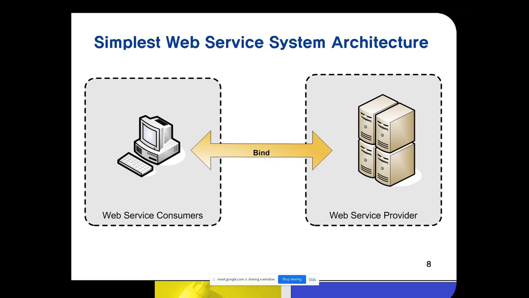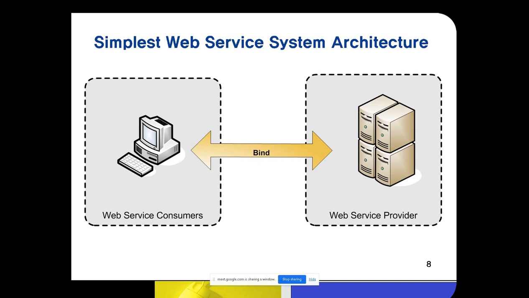This is the two-tier architecture diagram of a web service system. According to this architecture diagram, web services have consumers as well as a service provider. First of all, the consumer tries to send a message request to the service provider for some kind of service. The service provider will get the request from the consumer and see whether this particular service is available on the service provider machine or not.